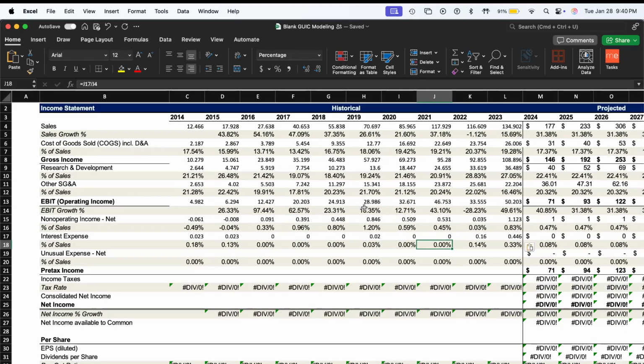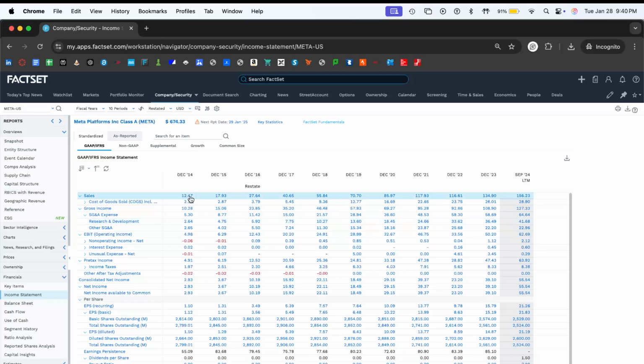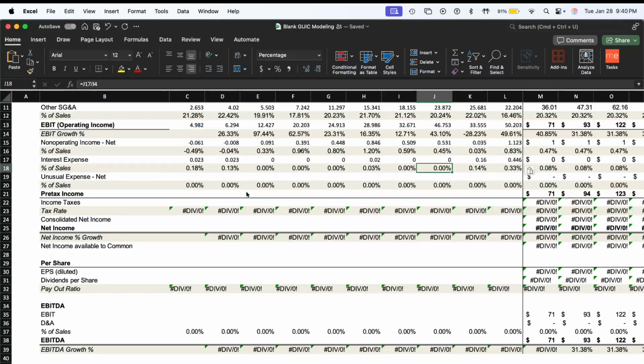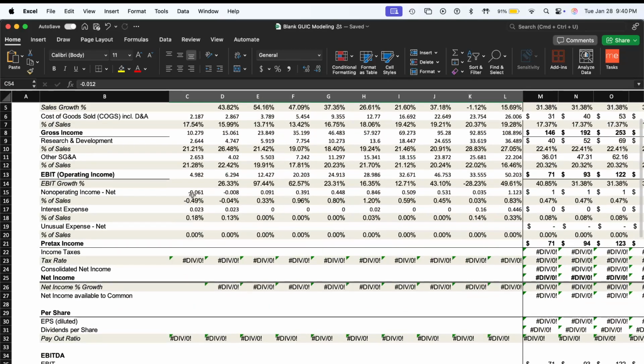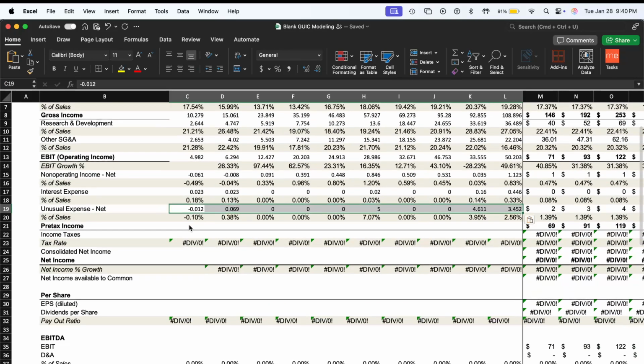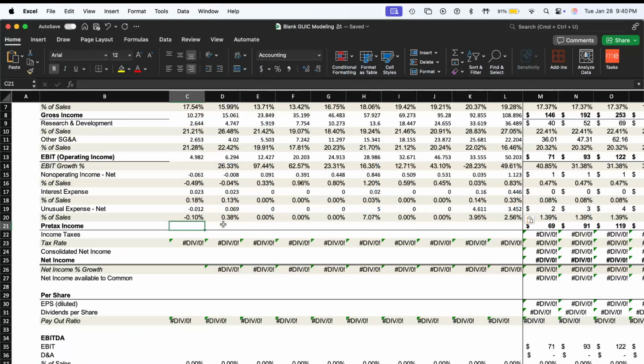It should not have a super material impact. And as I'm looking at this, I'm realizing that these numbers are in billions, which may pose an issue later on, but I'll get to that if it becomes an issue. Just because of the way this DCF is set up, it may be set for millions, but that's okay.